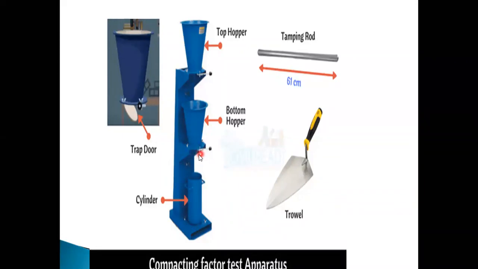Remember, while the concrete falls into the bottom hopper, we have to keep its trap door closed. So first we place the concrete in the top hopper, level it, then open the trap door so that the concrete falls into the bottom hopper.